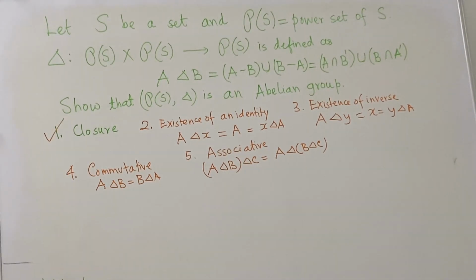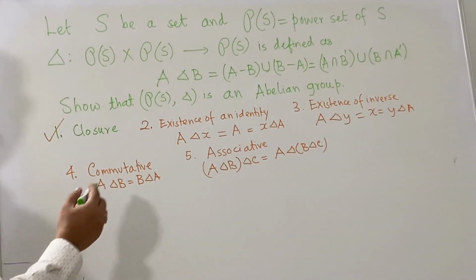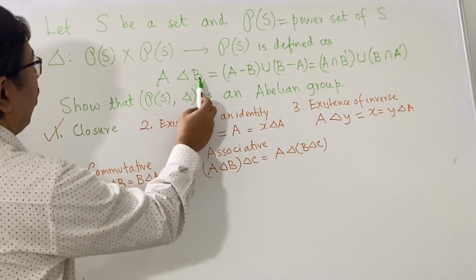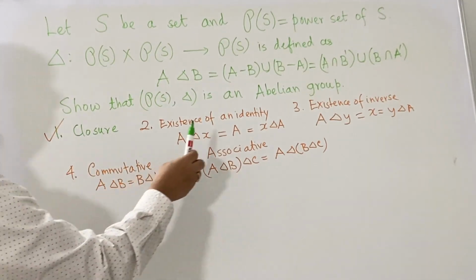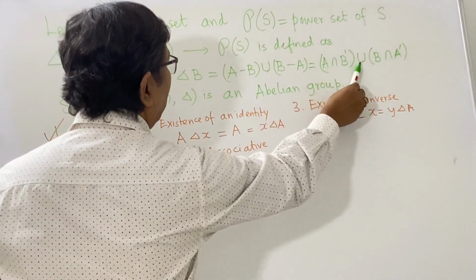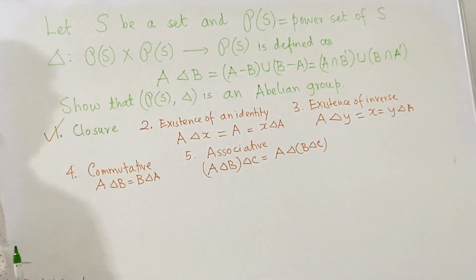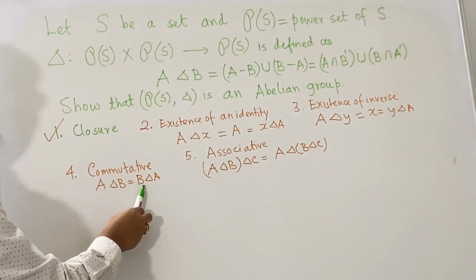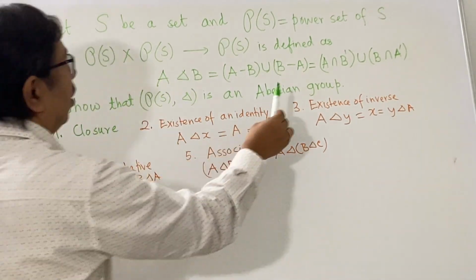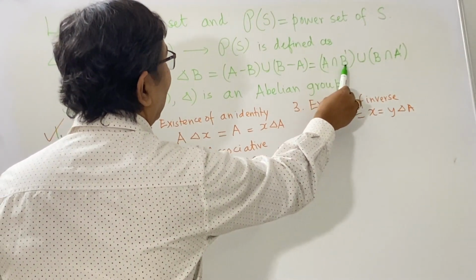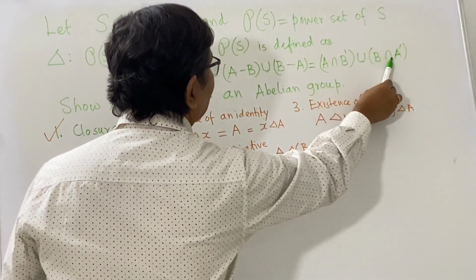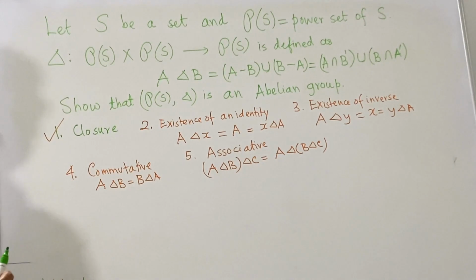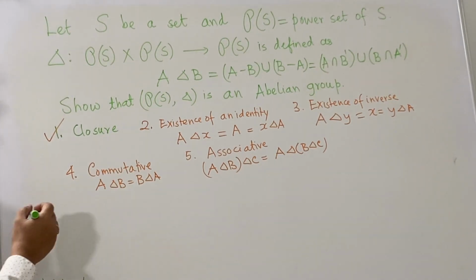The second one that we want to look at is the commutative property. Now if we look at this expression of A delta B, you see that it is A intersection B complement union B intersection A complement. If you look at B delta A, then this would be B intersection A complement union A intersection B complement, and that is exactly what we need for commutativity.